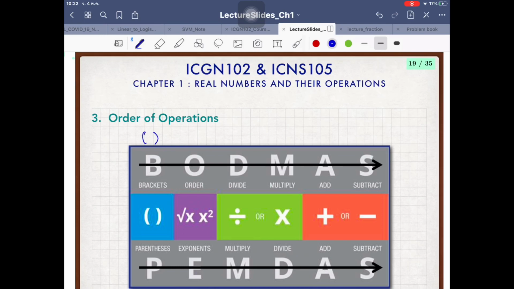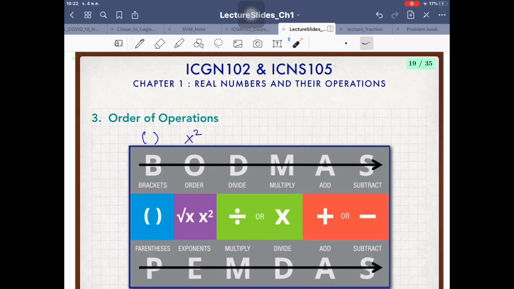So that's about the bracket or parentheses. The next one will be the term of order. For example, when you have the term x squared, here you have the first level of x and then the second of 2. So here you have something to do with the order.